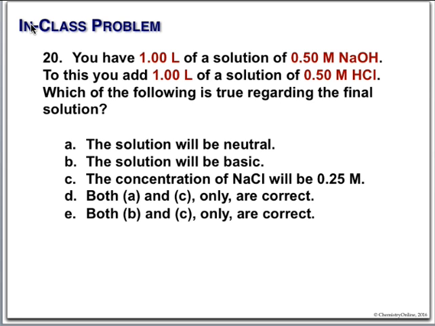We form a salt in neutral water. If they're exactly equal, all you're left with is the salt and water. So this is the same. Those two are going to neutralize. It's a neutralization reaction. So we know it's got to be neutral. We know we're going to make water and sodium chloride.